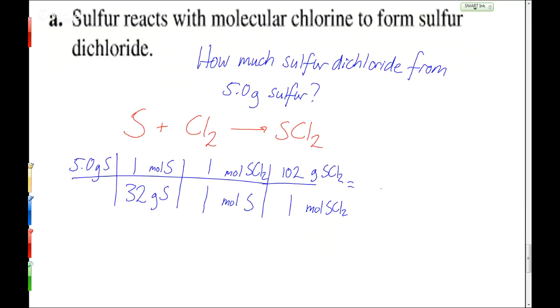About 16. I rounded and got 103. Should be fine. What did you get for your final answer then? 16.09. So close enough. This would really round to 16 because we're only using 2 significant figures anyway. But like we've always said, we're not going to focus on the rounding issues.